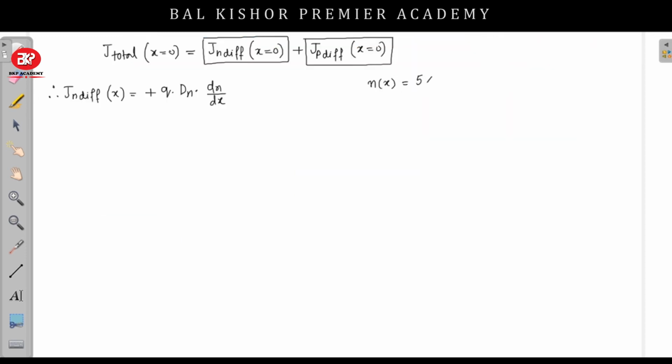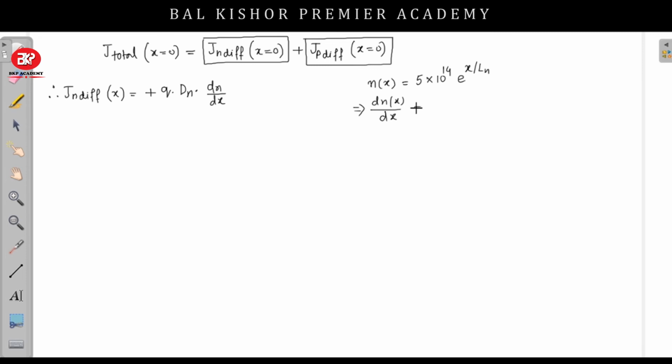So for that case, the n(x) value was 5 into 10 to the power 14 e to the power x by Ln. From this equation we can find the value of dn by dx.